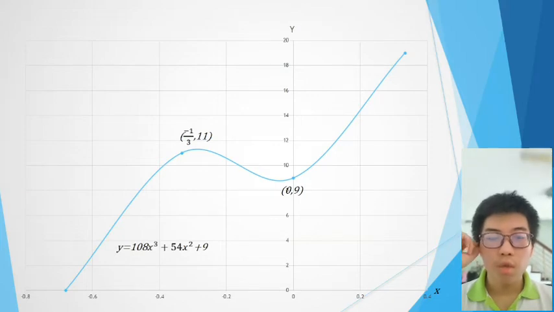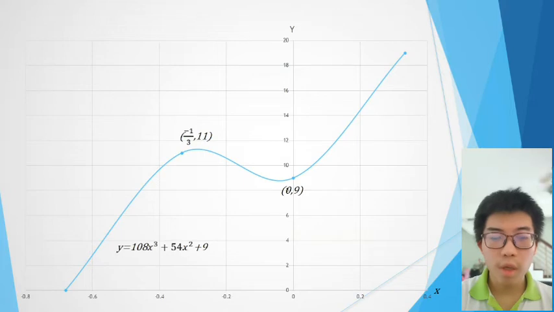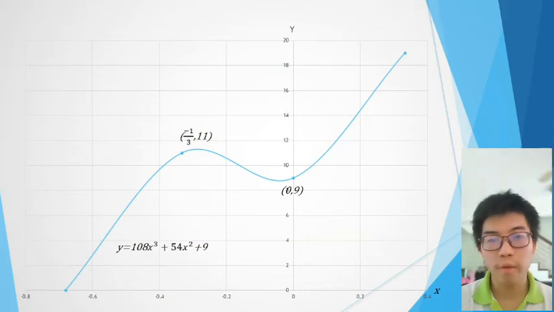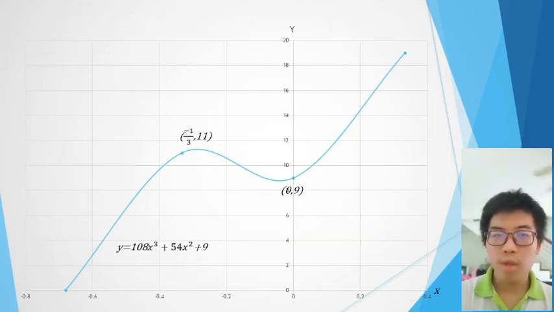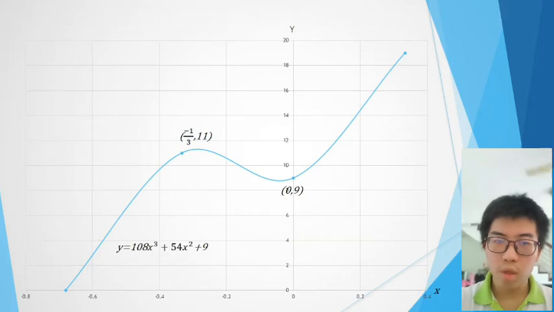And then for the equation y equals 108x^3 plus 54x^2 plus 9, the graph will touch the x-axis at about -0.68. So how do we get the -0.68?